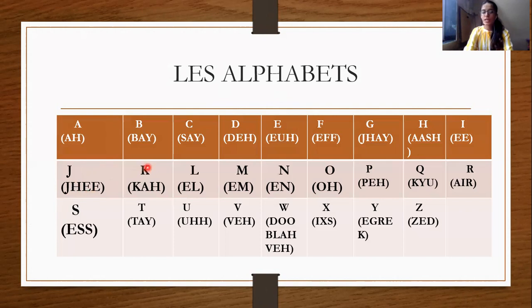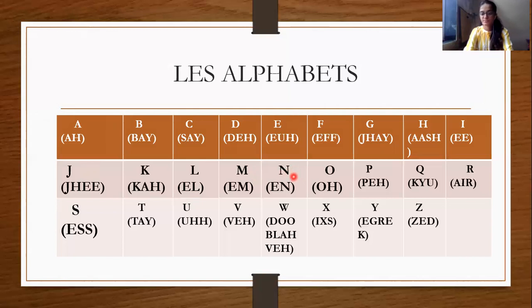Great. So let's go on to the next letter. K is pronounced as Ka. Letter L is pronounced as normal English L. M is pronounced just like English M. Letter N is pronounced as N, like English again.